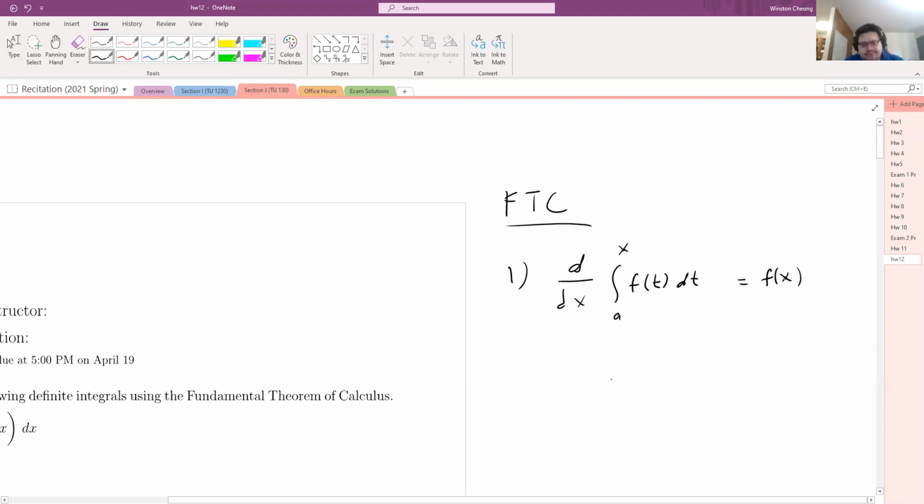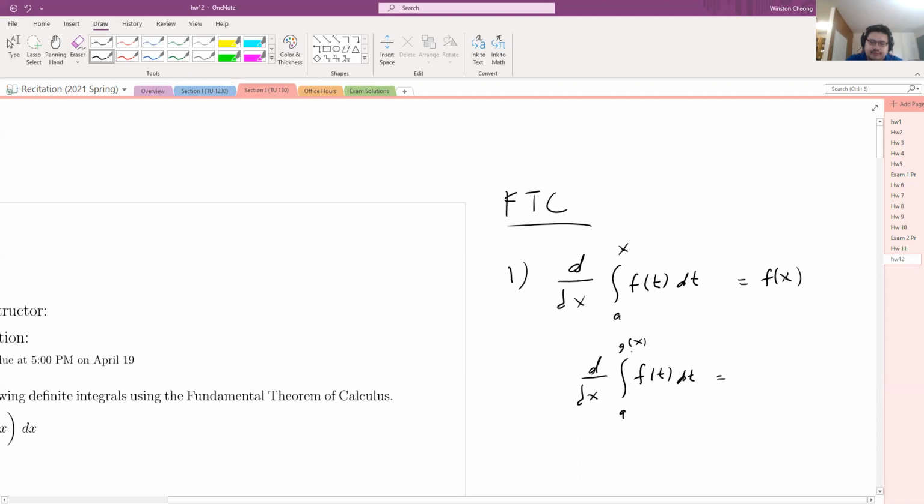There's a generalized version of this, which involves what happens when the upper limit, instead of being x, is a function g of x. I should make my f's and t's look a little bit more distinct. What happens in that case is this is actually a chain rule.